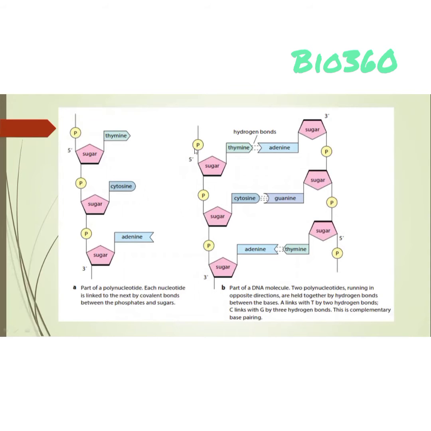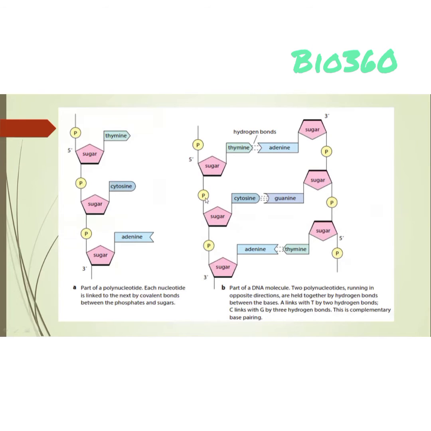This is the 5' end, because the phosphate attached at carbon 5 is free at this end. And the sugar containing the hydroxyl group at the third carbon is also free here. So this is the 5' to 3' side.